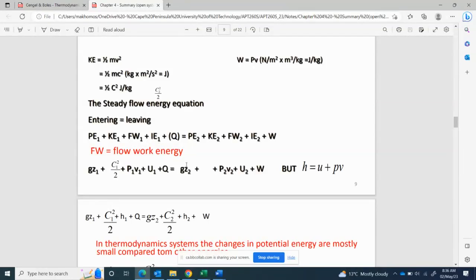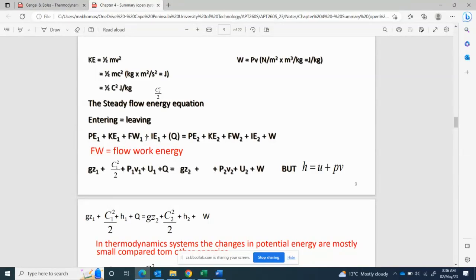Now when we expand from here, in most cases, the potential energy in the steady flow energy equation, also called SFEE in short, is very, very small compared to other variables in this equation.